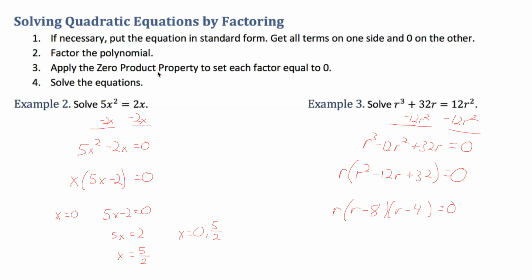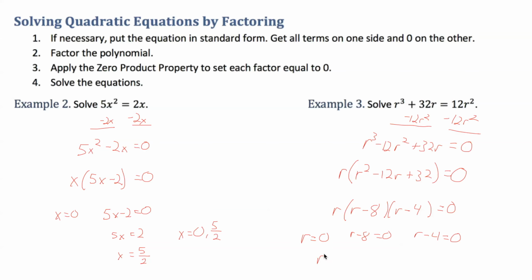Now that we're there, we apply the zero product property. So now we have 3 things that multiply together to equal 0. So either from this one, r equals 0, r minus 8 equals 0, or r minus 4 equals 0.